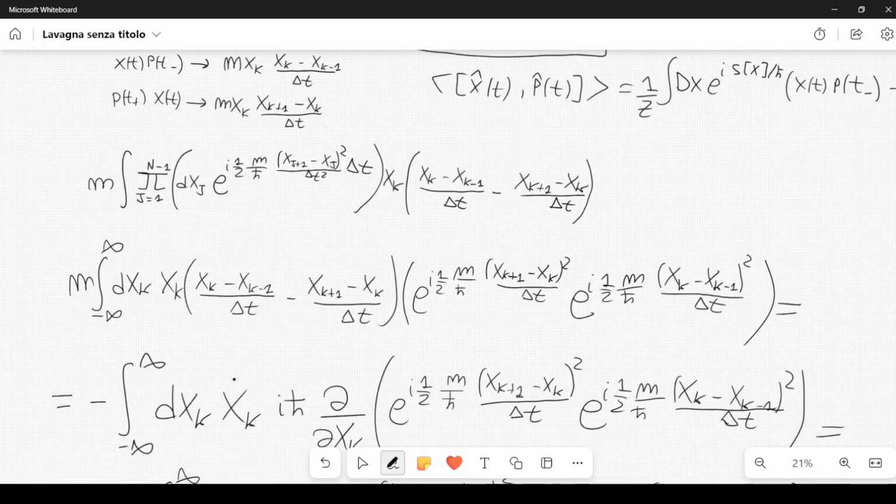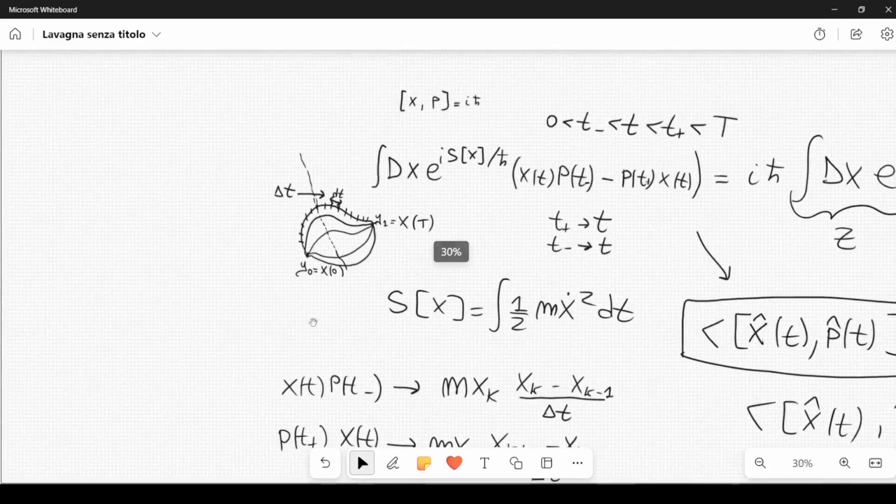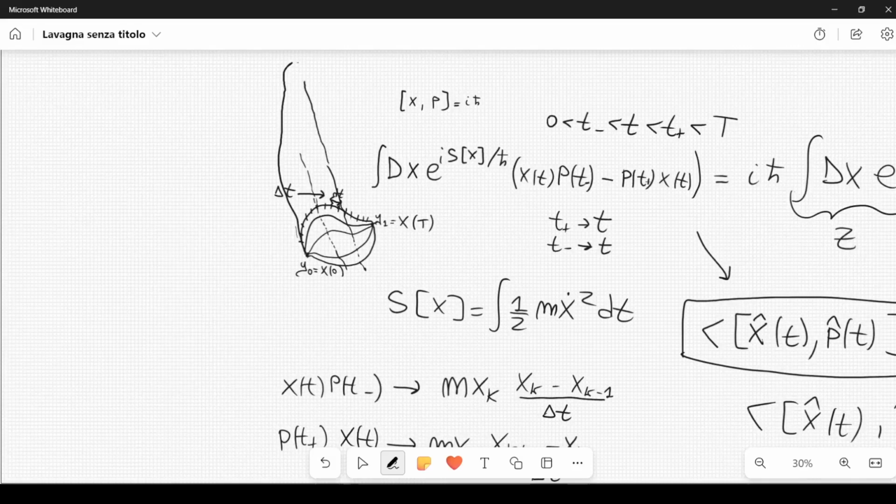Basically, when x of t is very large or very negative, so it's either equal to plus infinity or minus infinity, this is telling us that if we consider the trajectories here, well, if we assume that the time instant that we are analyzing is this one, we are saying that the trajectory that we are analyzing is one such trajectory where x of t is very far away from the two endpoints of our trajectory. It can also be in this other position here.